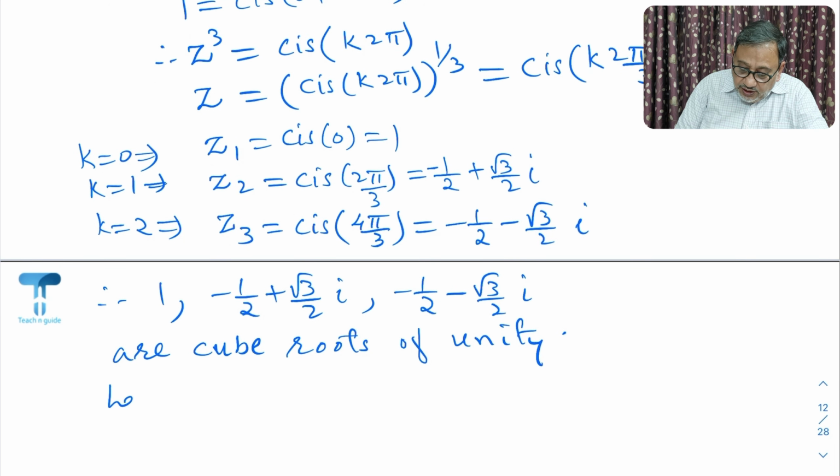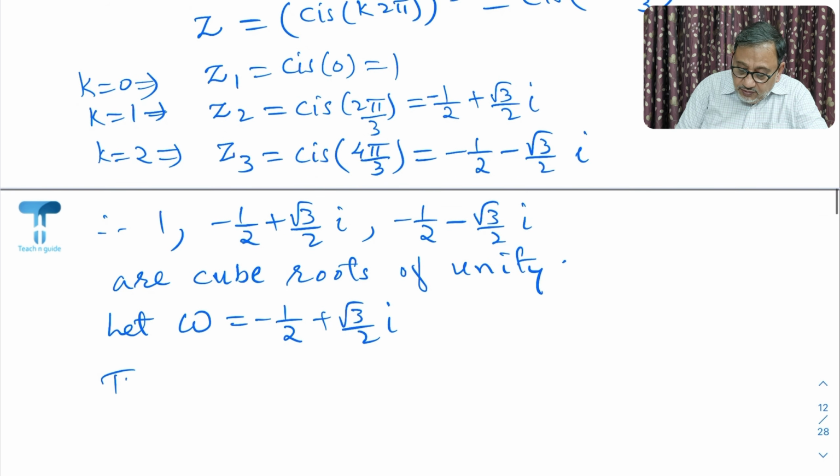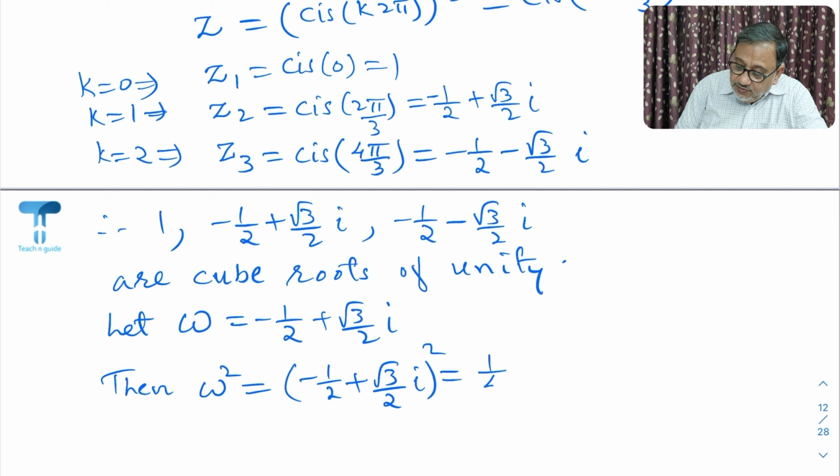Now let omega be minus 1 by 2 plus root 3 by 2 i, because in terms of omega the relation is very important. Then we will find omega square. So square of this side, which will be 1 by 4 minus root 3 by 2 i and plus root 3 by 2 i bracket square, which will be minus 3 by 4, because i square is minus 1.